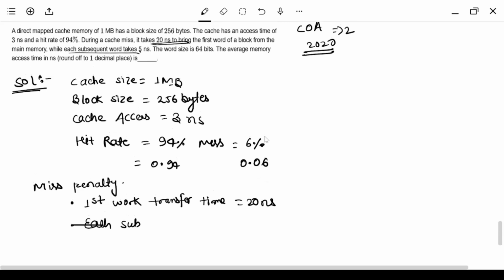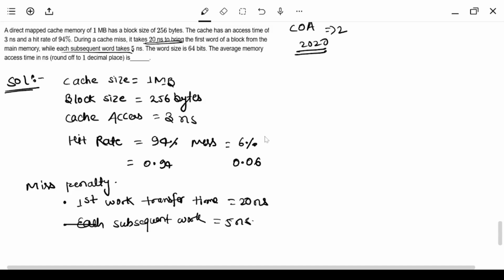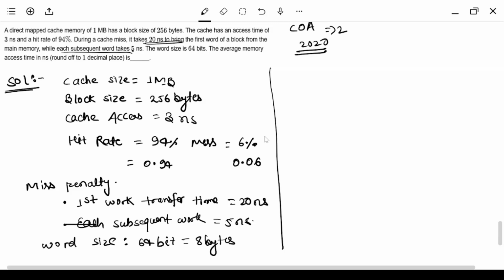Each subsequent word is taking 5 nanosecond. We have also been given the word size, 64 bits, meaning 8 byte. These are the things already given in the question.